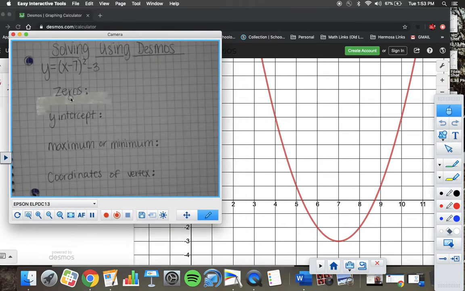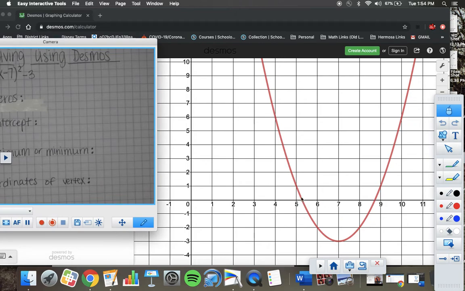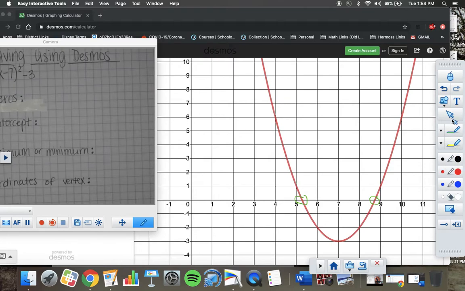Okay, so now when we look at the items that we need for this, remember zeros is where it's crossing the x-axis. So I'm going to mark, let me mark. So notice this is a 0 and this is a 0. So we actually have 2 of them. But watch what you can do.